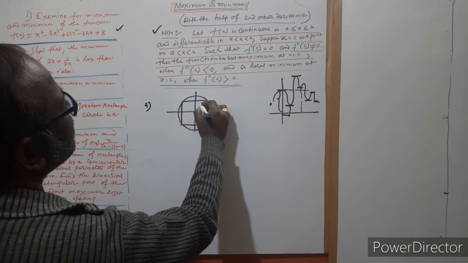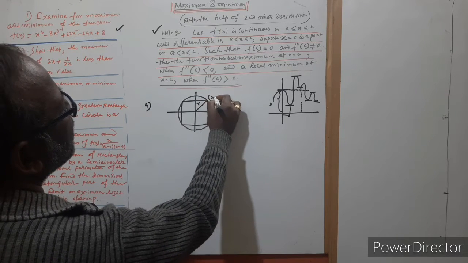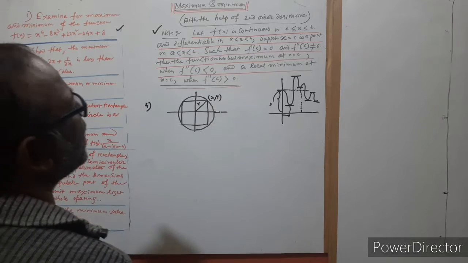Okay, let us assume the radius is R, and on the surface of the circle we have the point (x, y).